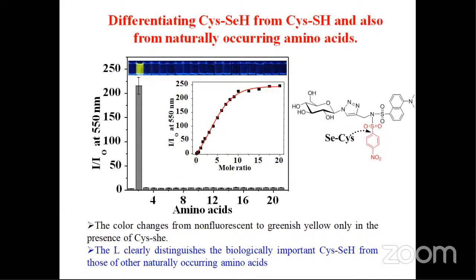We can also detect it by the naked eye, by the color changing from non-fluorescent to greenish yellow only in the case of selenocysteine. You can see that on the top of the histogram.